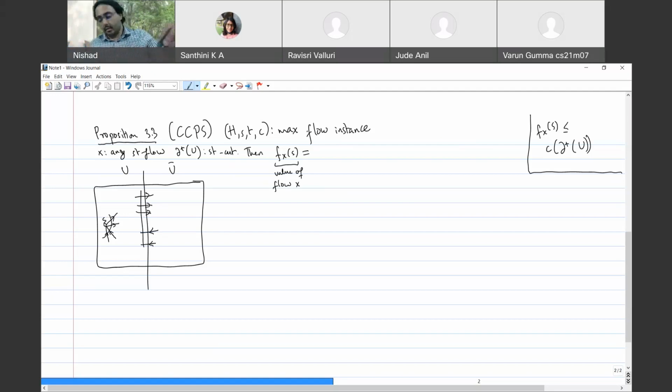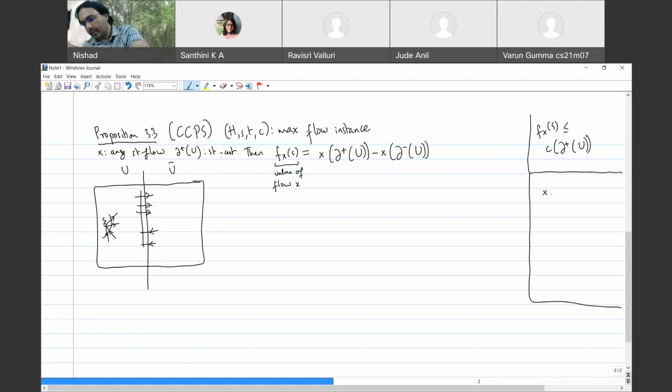Okay, so to put it formally, using a notation which I should define, let's say x is any function on the edges of your digraph. We'll take non-negative functions because we don't care about the others.